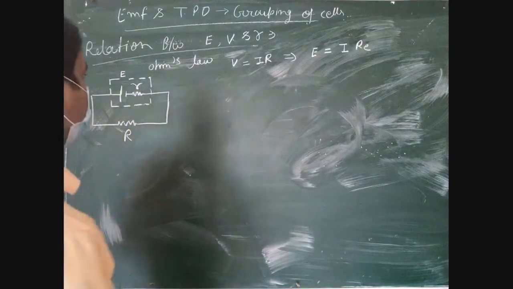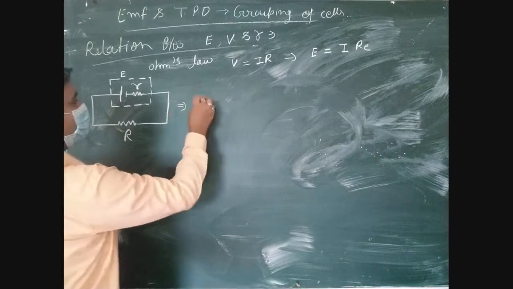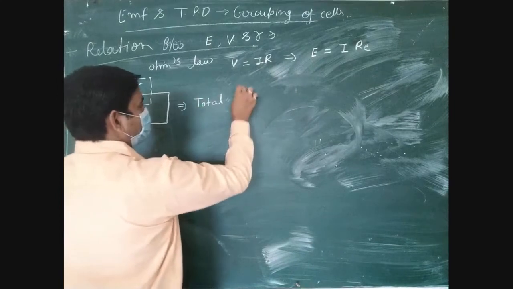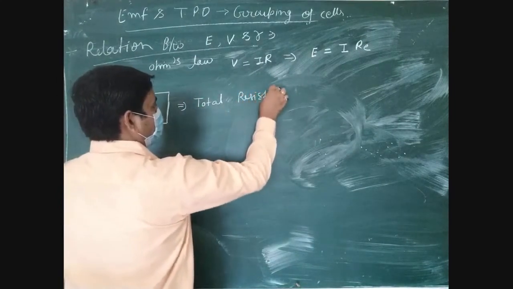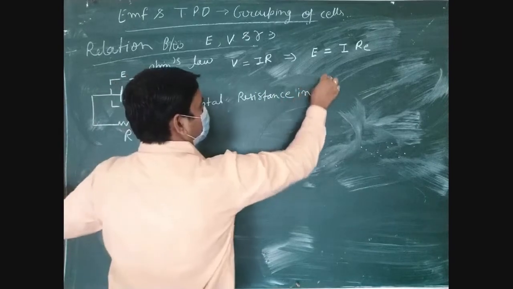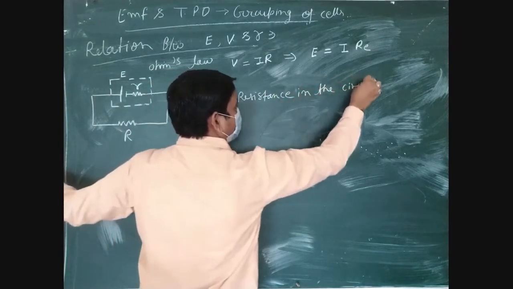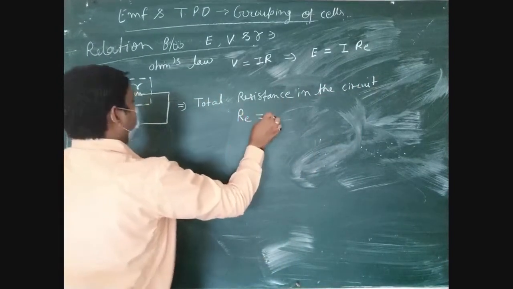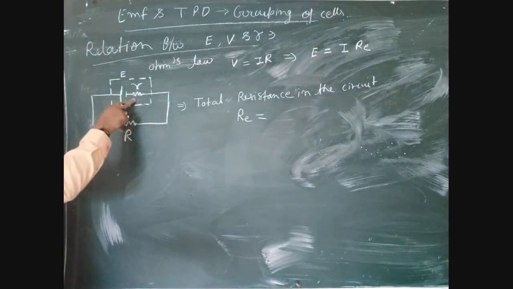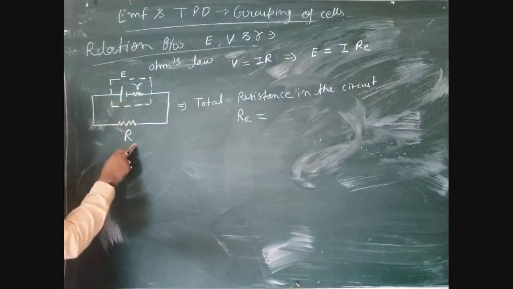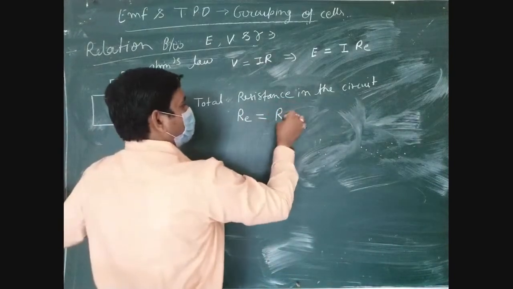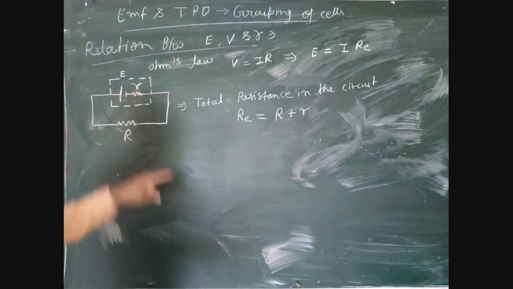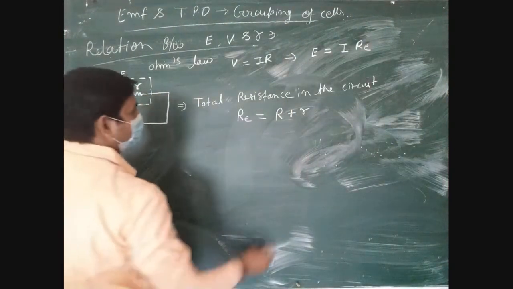Okay, now you can easily calculate the total resistance in the circuit. The two resistors, the internal resistance of the cell and the applied resistance R, are in series, and in a series combination it is the sum of the individual resistances.